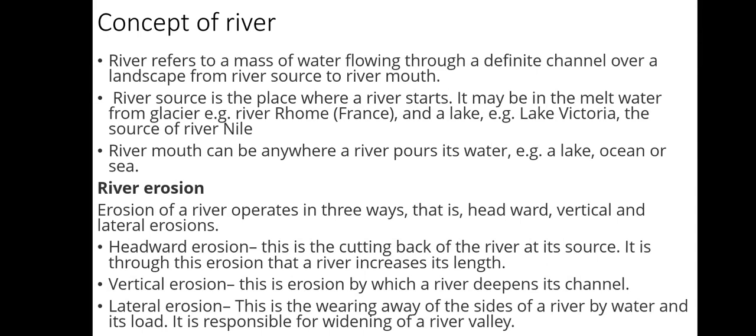So it is responsible for the widening of a river valley. This means lateral erosion causes a river to widen and to move in a larger space or a larger channel. So those are the three important ways in which river erosion operates.